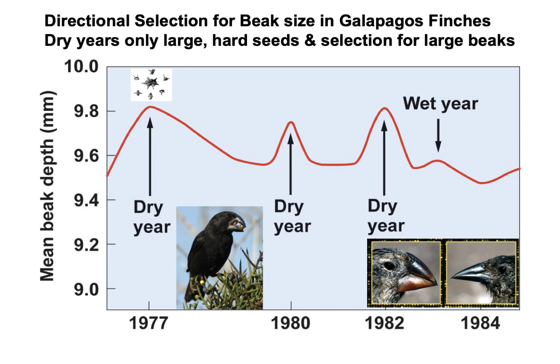Here's an example that I think I showed in a previous video, where in dry years, the finches on the Galapagos Islands with the large beaks are favored because the seeds are harder and drier. Whereas in wet years, the finches with narrower, sharper beaks are favored because they have softer seeds, as well as some will eat insects as well.